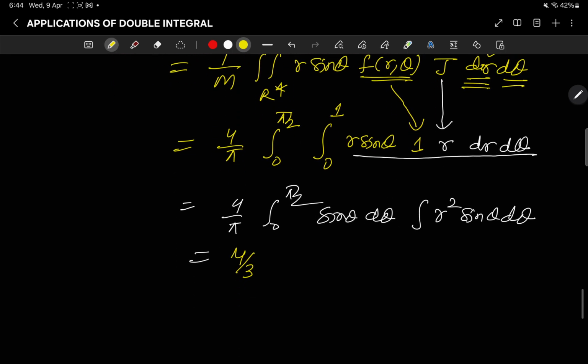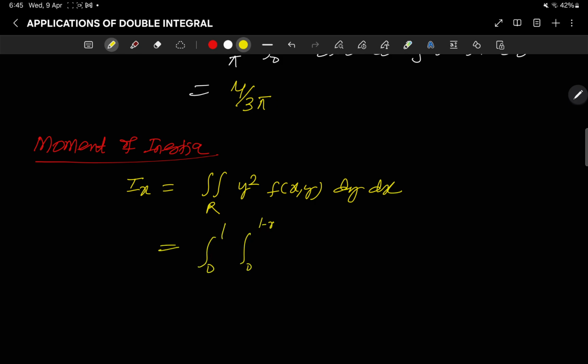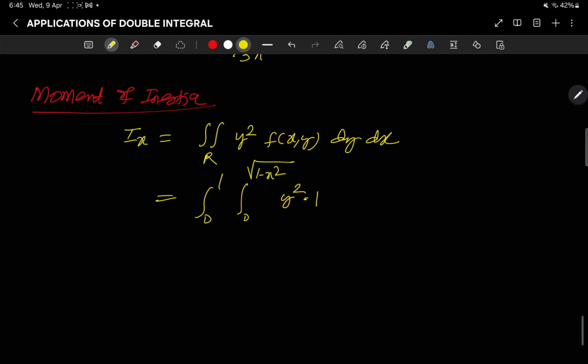Okay, now coming to the moment of inertia. Here about x-axis, Ix is equal to double integral over the region R, y square f(x,y) dy dx. Okay, so this is equal to 0 to 1, 0 to square root of 1 minus x square, y square into 1 and dy dx.